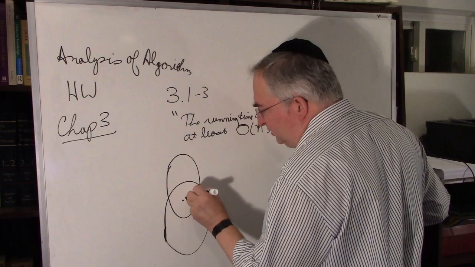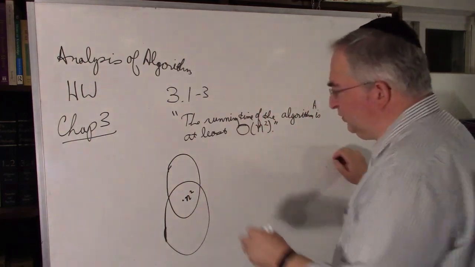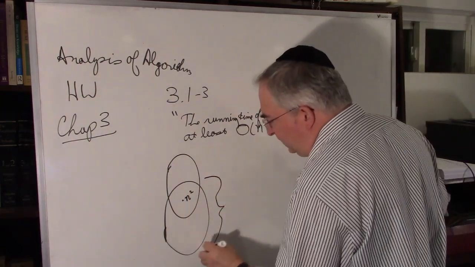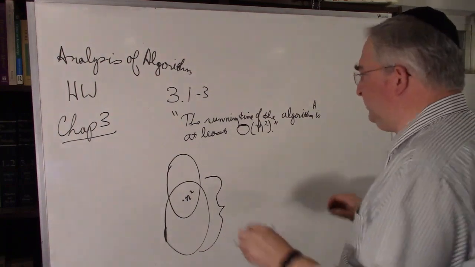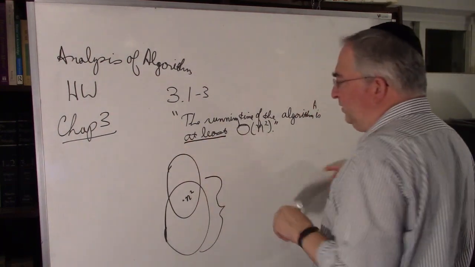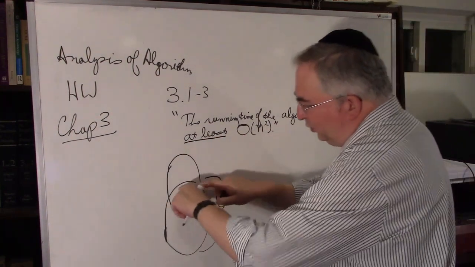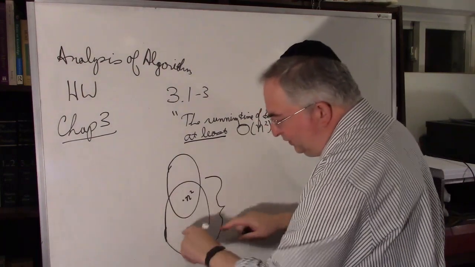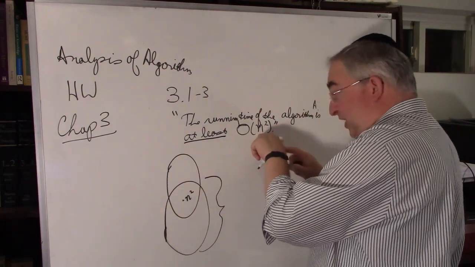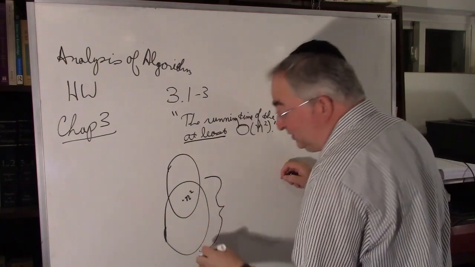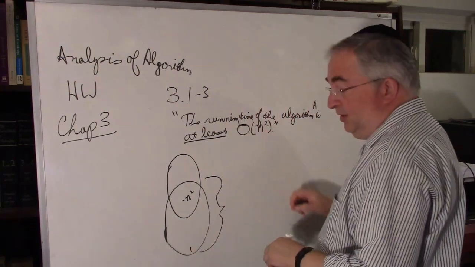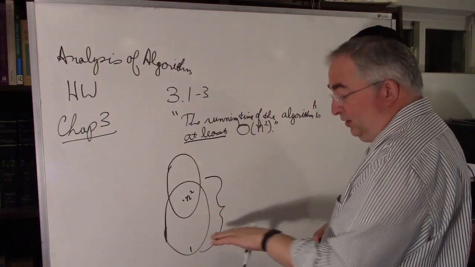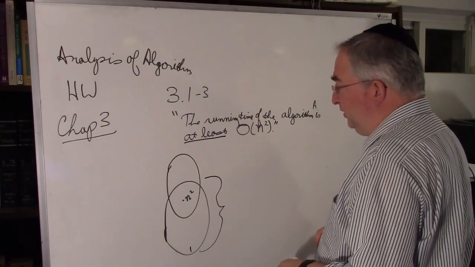O of n squared is all this. Now listen to the words, at least O of n squared. O of n squared means all these things that grow the same speed as n squared or less, including the constant. Constant functions grow much slower than n squared.